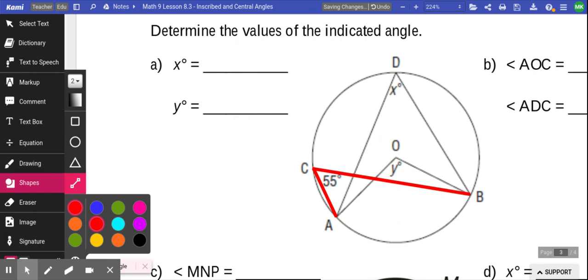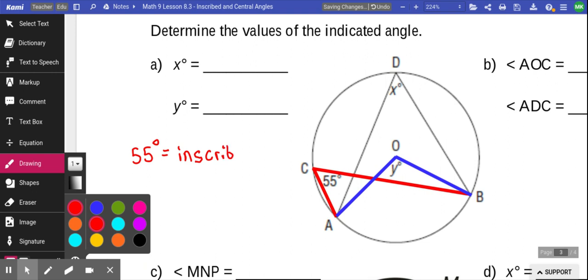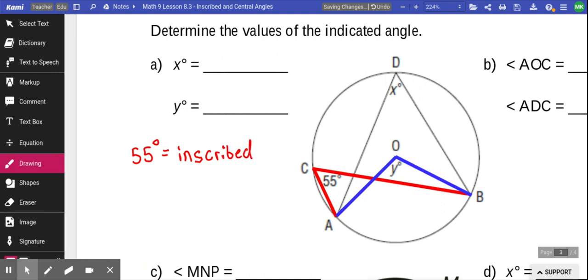I'm going to go from A to the center and then out to B. These angles, the 55 degrees, is the inscribed angle from A to B. Y degrees is the central angle from point A to point B.